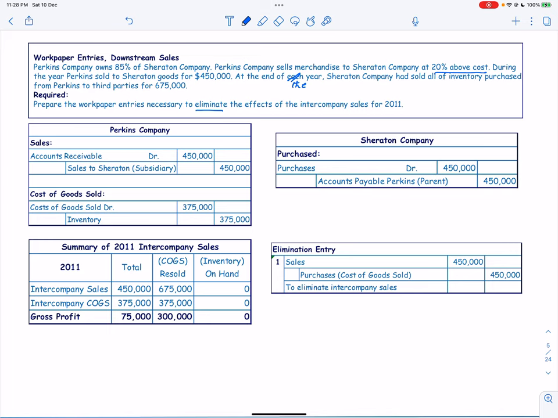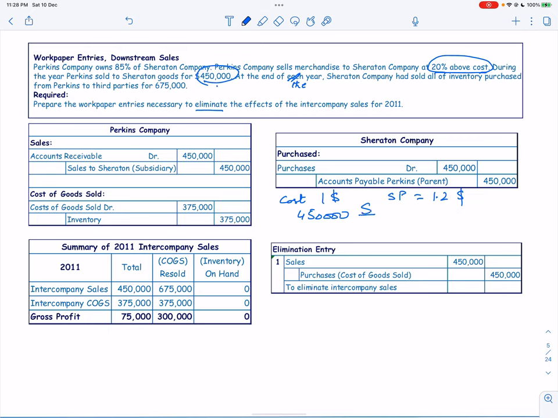Now, if the company sells 20% above cost, this means that if the cost is $1, then the selling price is $1.20. So the parent company in the year 2011 sells for $450,000, but we don't know the cost of this sales.